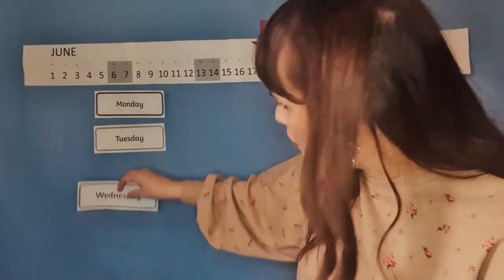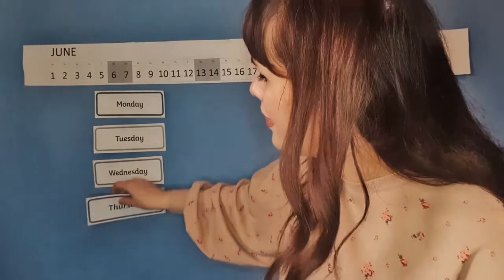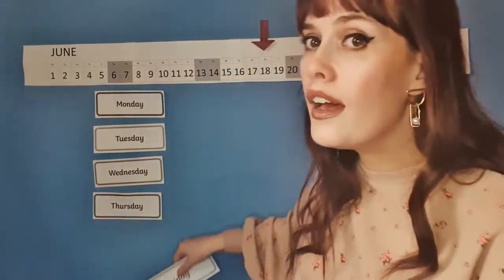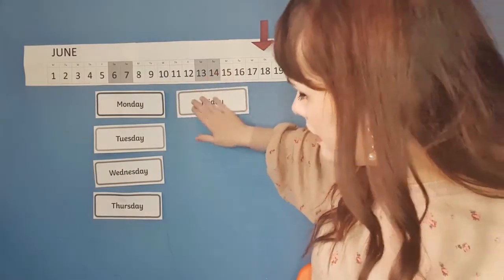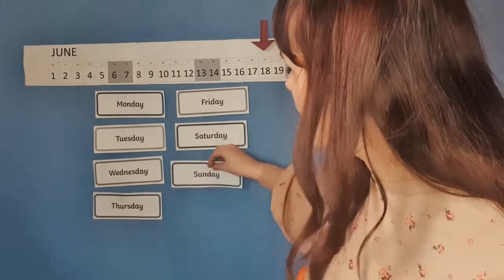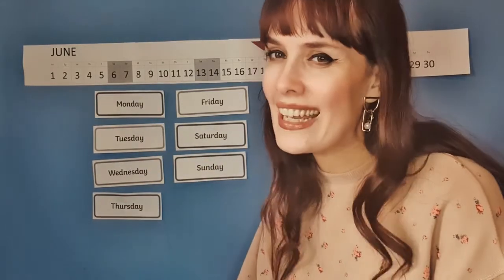Tuesday, Wednesday, Thursday, Friday, Saturday. And what's our final day of the week? Sunday. Tomorrow I might start the days of the week in a different order, because it's getting easy if we can recite them in order.